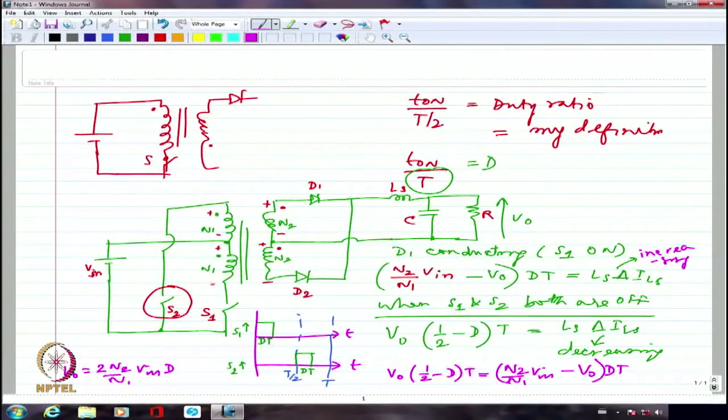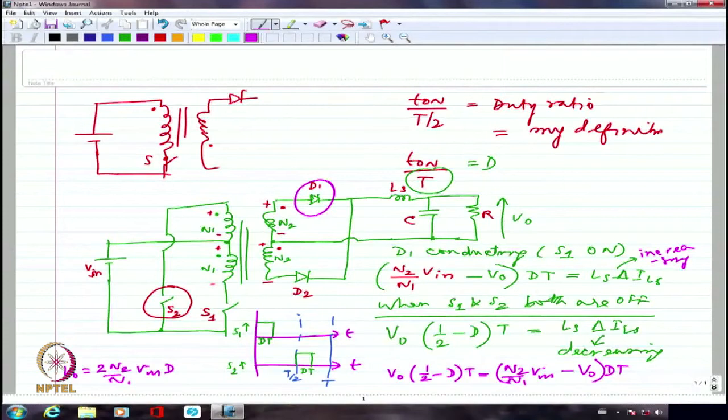The same thing holds good very clearly for S1, and one more thing you have to remember is this particular switch is also going to face twice the voltage as the reverse biasing voltage. Whatever is the output voltage, V in multiplied by N2 by N1, each of the diodes will also face twice that voltage, the one which is not conducting at that instant, because the secondary voltage is induced on the other side also.